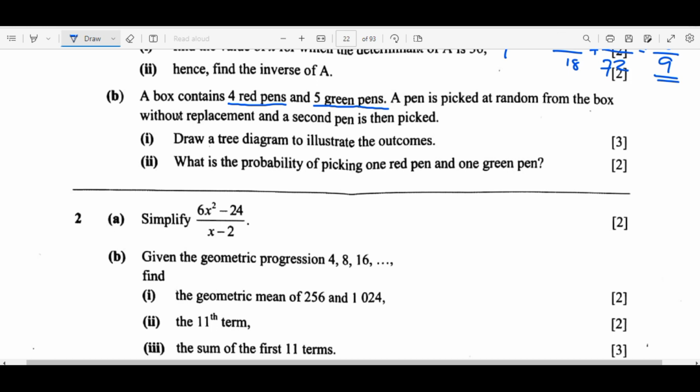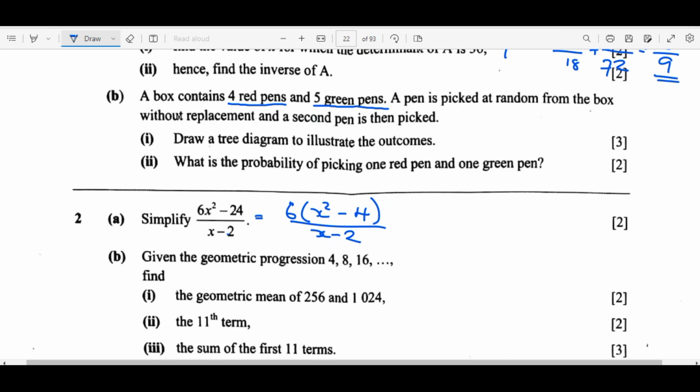What is common here? 6 is common, and 6 into 24 is 4. So we say 6 open bracket x squared minus 4 close, over x minus 2.